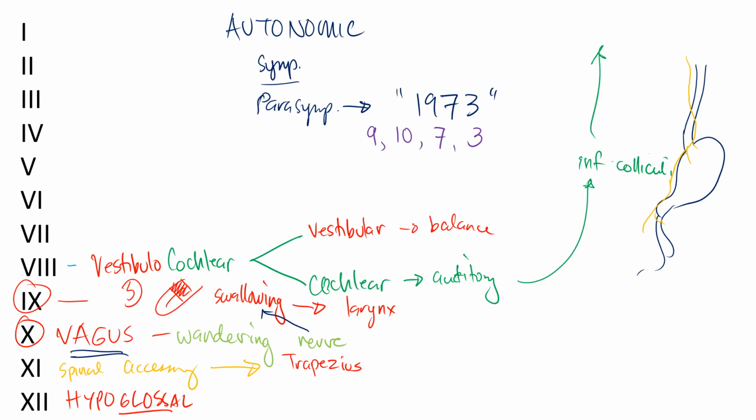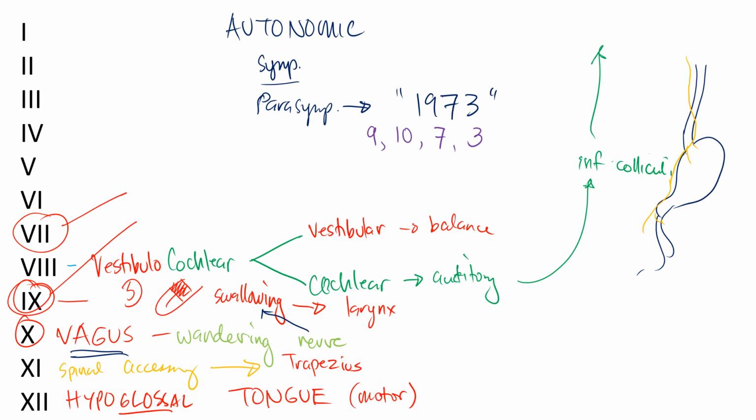Hypoglossal, by the simple term glossa, that's your tongue. So it is the motor component of your tongue. The sensation of your tongue, anterior 2/3 is your facial, posterior 1/3 is your glossopharyngeal, but the motor component of your tongue is your hypoglossal.